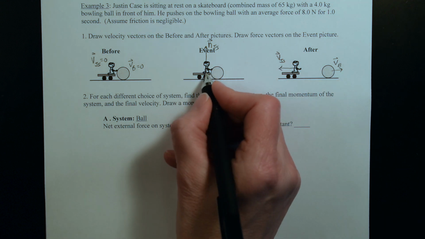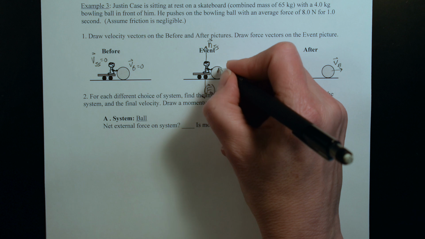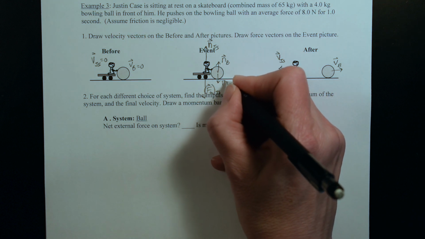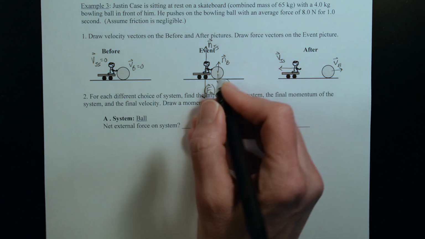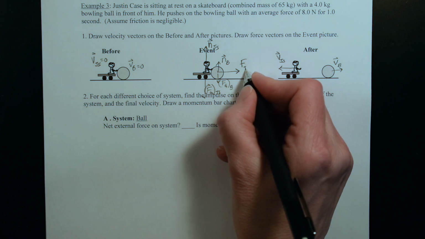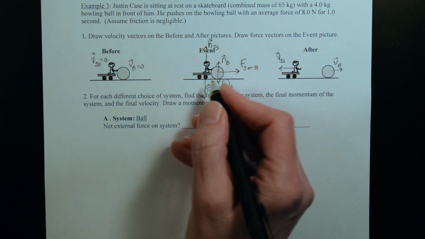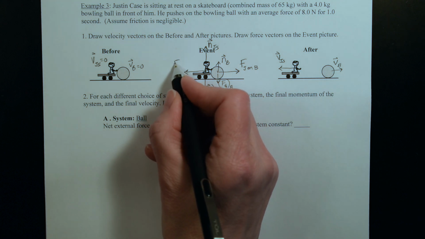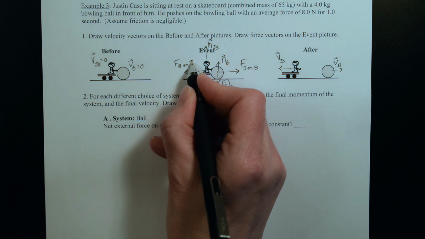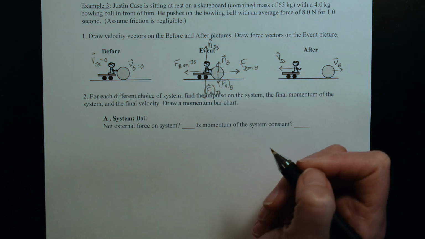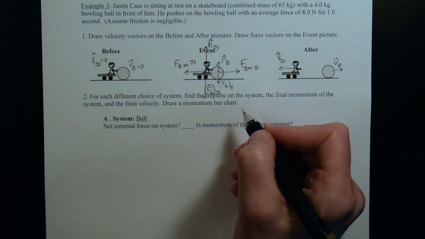And then on the ball, we have a normal force and also force of gravity. And then Justin pushes this way on the ball, so this is the force of Justin on the ball. And then by Newton's third law, there must be an equal and opposite force of the ball on Justin. I'm just going to call that Justin and the skateboard. So these are the forces occurring.